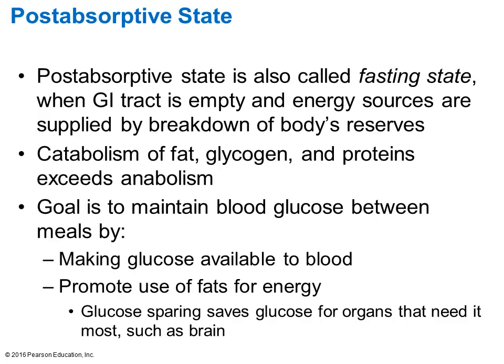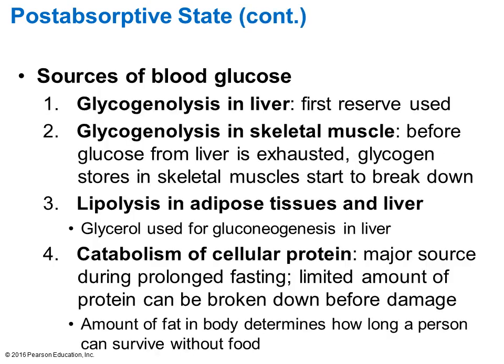In the post-absorptive state, or the fasting state, now you've already absorbed everything, and you're starting the catabolic reactions of your fats, your glycogen, and proteins. Once again, the bottom line is you want to keep a stable level of blood glucose. You need to get the glucose available in the blood so the cells can have it, but you don't want to have these high spikes.